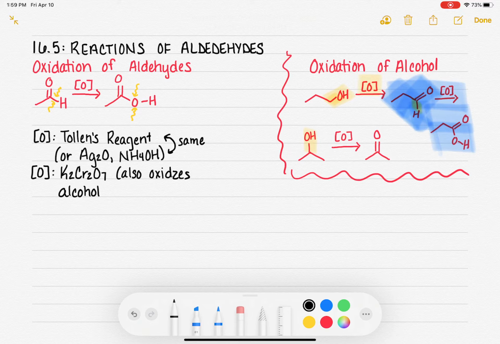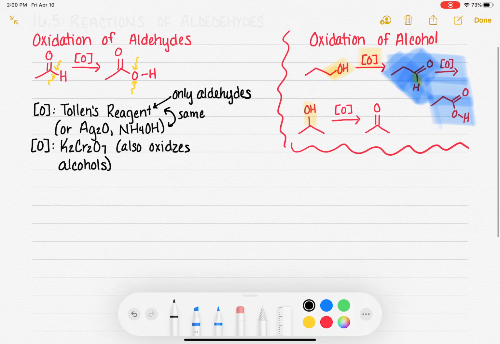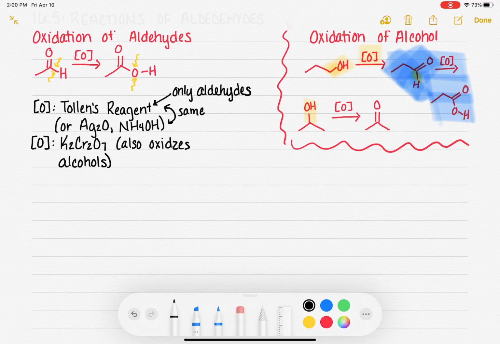So potassium dichromate oxidizes alcohols as well as aldehydes. Tollens reagent only oxidizes aldehydes. And so this gives us a little bit of versatility when we are trying to do an oxidation reaction.